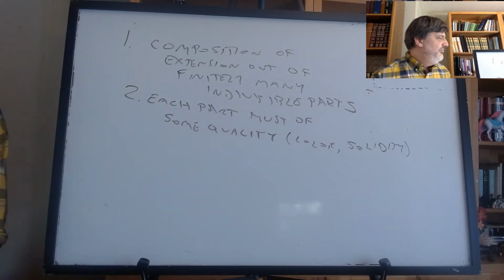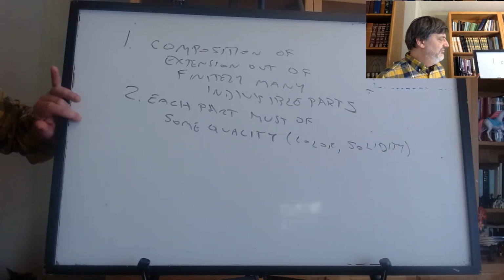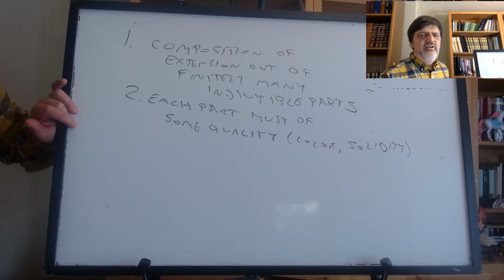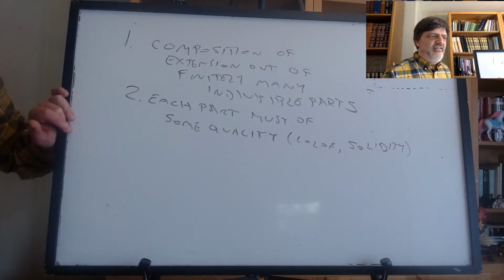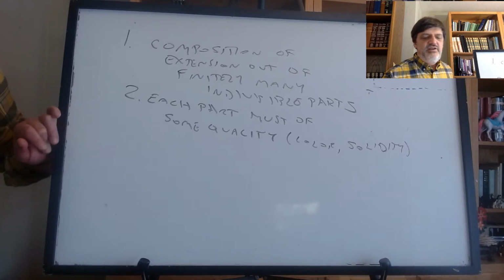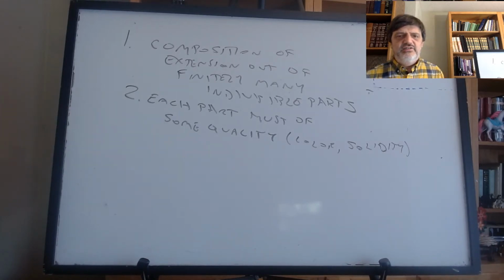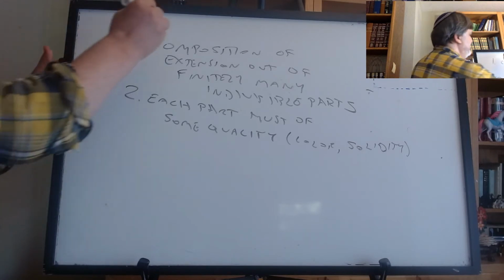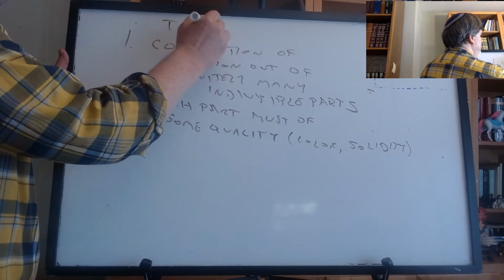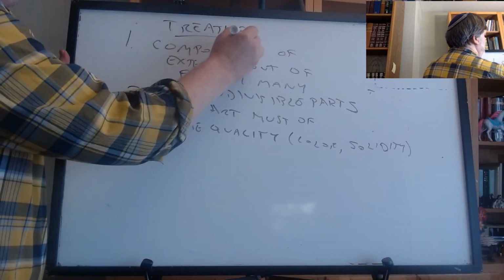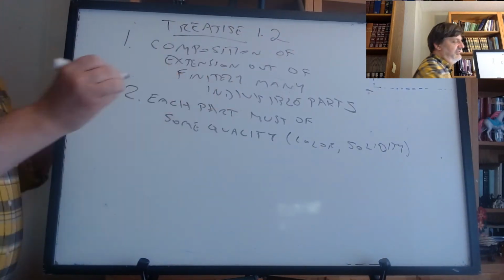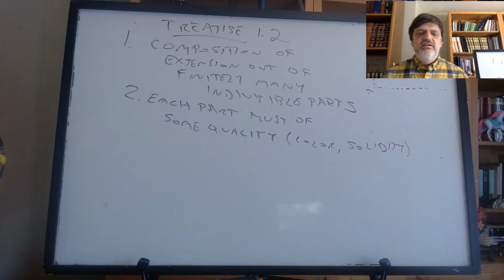But these come out much more interesting and weirder, I think, in Hume's treatment, because, and this is something you have to keep in mind to understand this whole section, this is Treatise Book 1, Part 2, on the ideas of time and space.